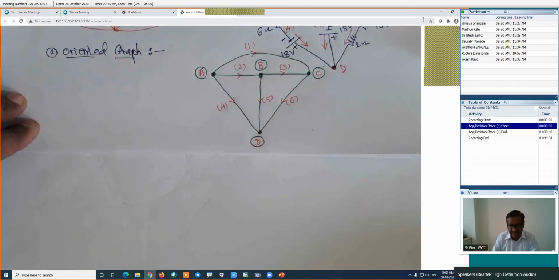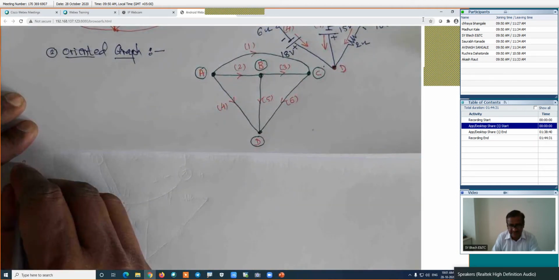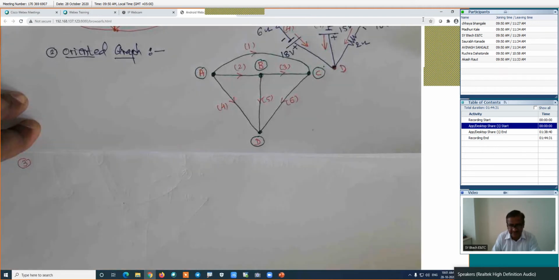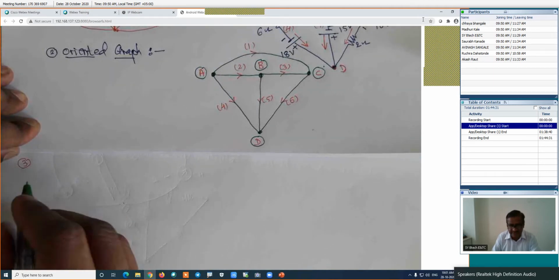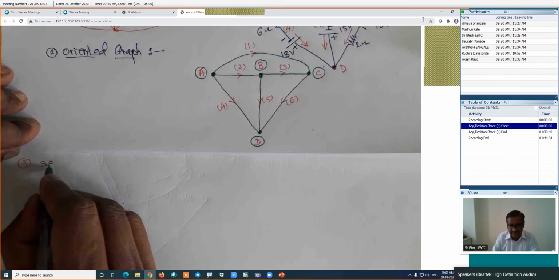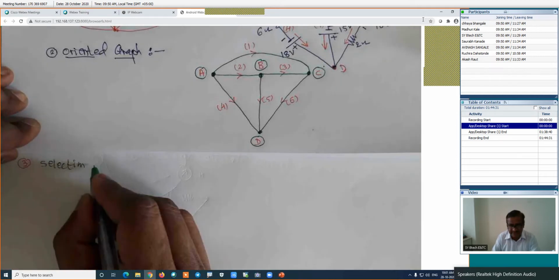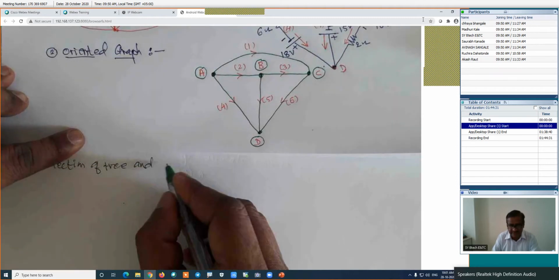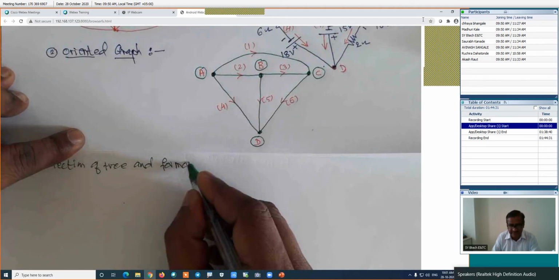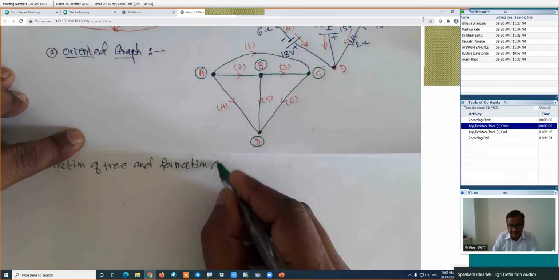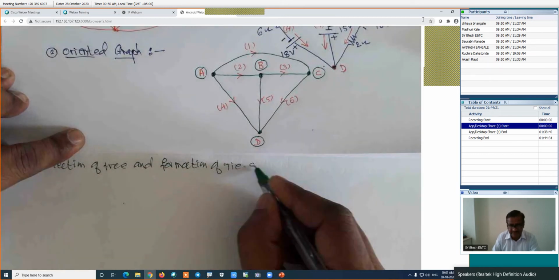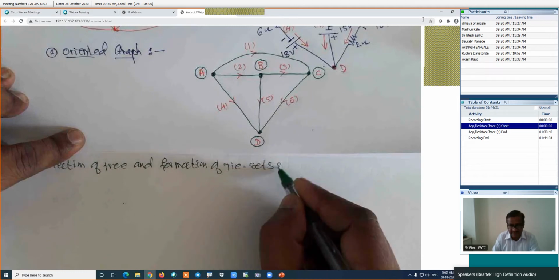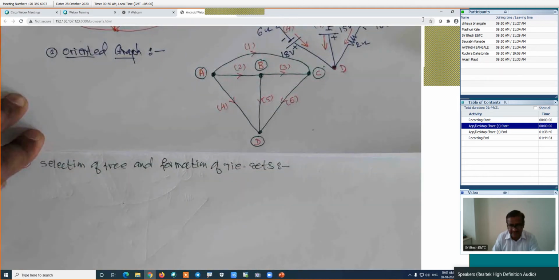Now in this case, I will use step number 3, which is nothing but selection of a tree and formation of Trisets.